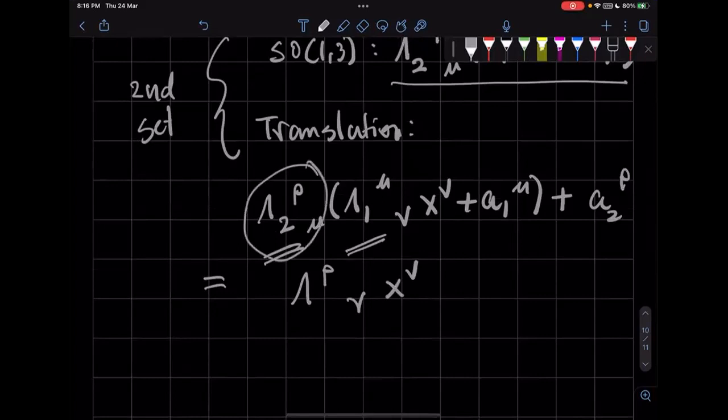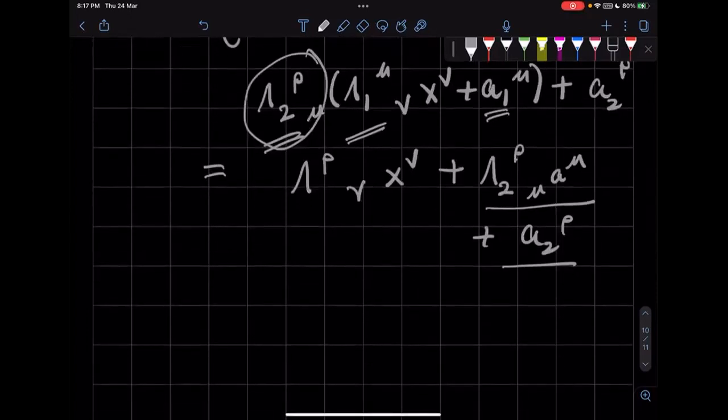Now this is a Lorentz transformation acting on a constant 4-vector. It's an element of R4, but it's a 4-vector nonetheless. So the action is quite well defined. So we have lambda 2 rho mu a1 mu plus a2 rho. But this guy plus this guy is a translation, right?